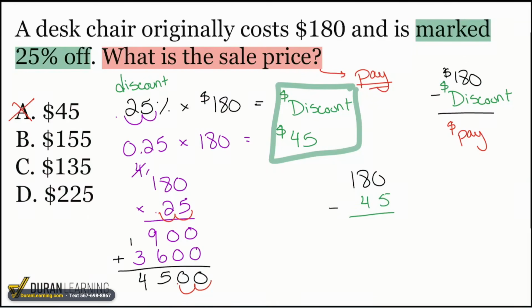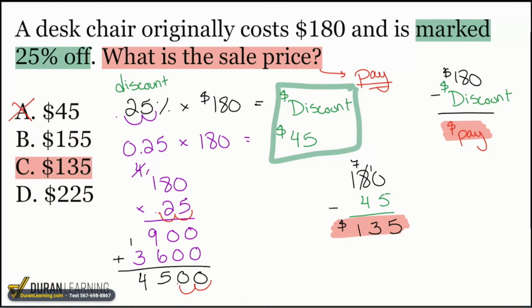This will be the right answer. So to start off, I will go ahead and borrow immediately. 10 minus 5 is 5. 7 minus 4 is 3. And then we drop that 1, and we have 135. That, my friends, is the amount that we pay. The correct answer here is going to be answer choice C.